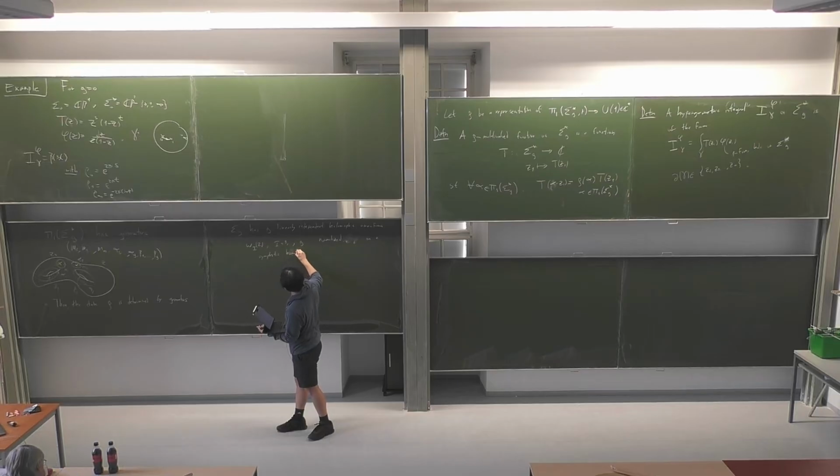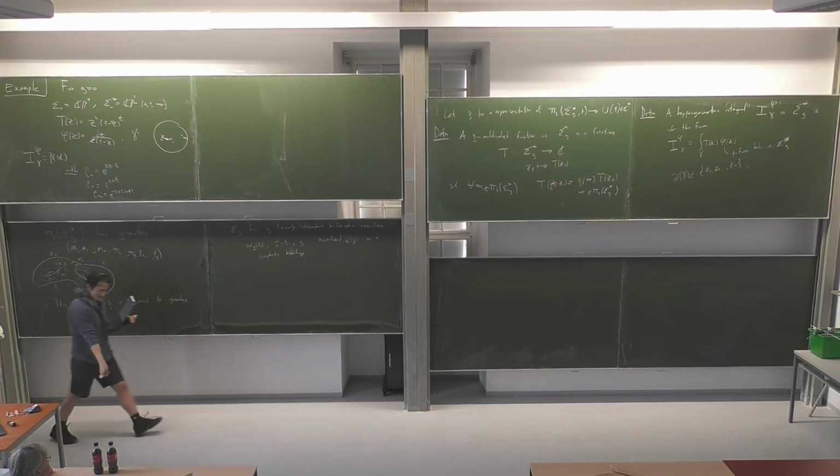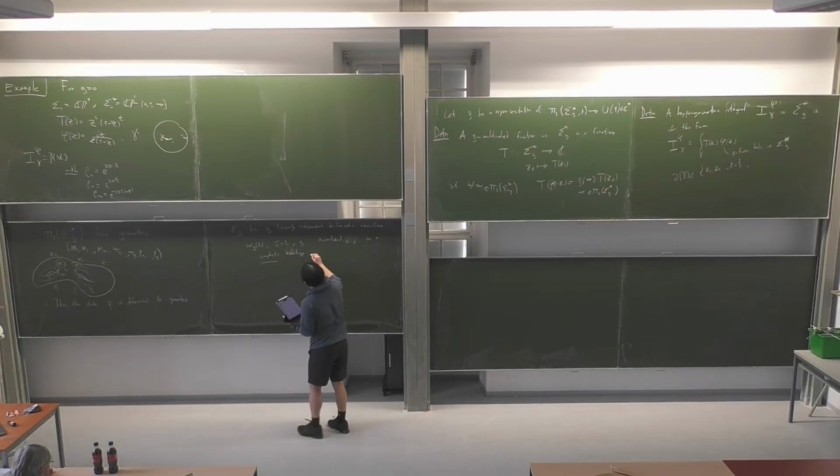What that means is, in the picture there, A cycles and B cycles not intersecting among each other, but the ith A cycle and the ith B cycle intersecting each other. That is a symplectic homology basis.